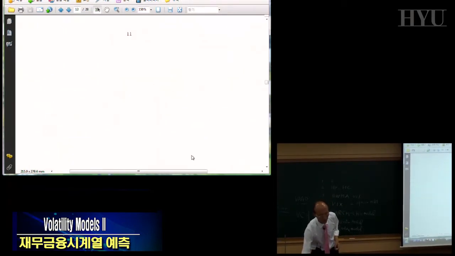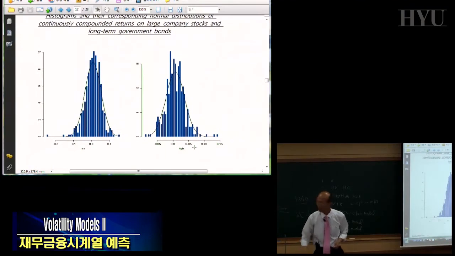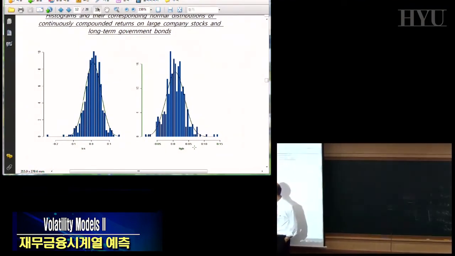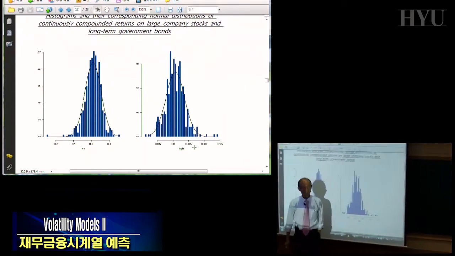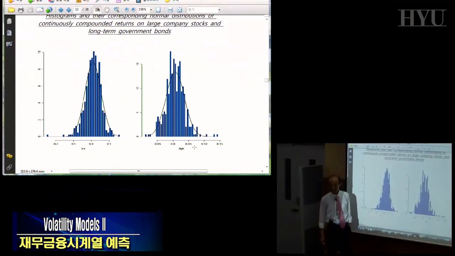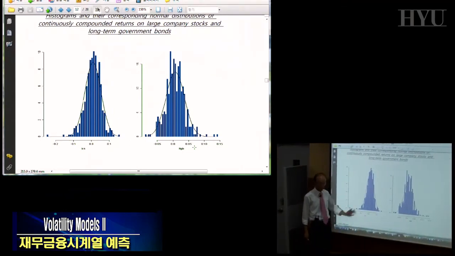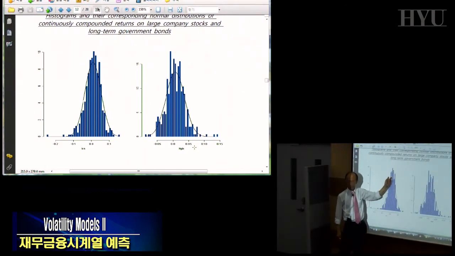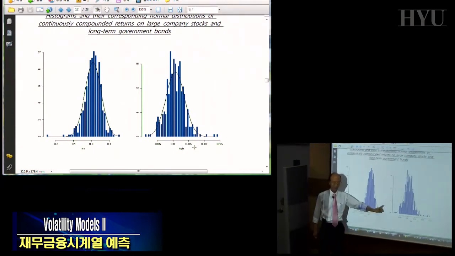Later we learned that, well, if you model, let's say, stock return as a GARCH(1,1) process, with a GARCH(1,1) process, you can explain this feature. Explain this feature. But not this fat tail. But not this fat tail.